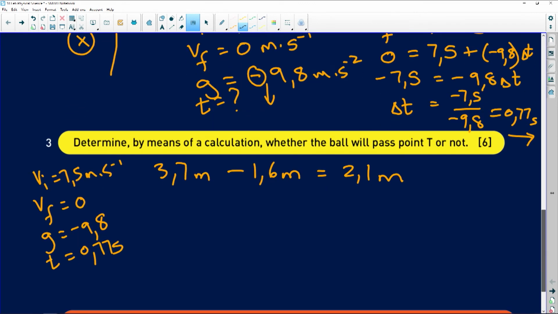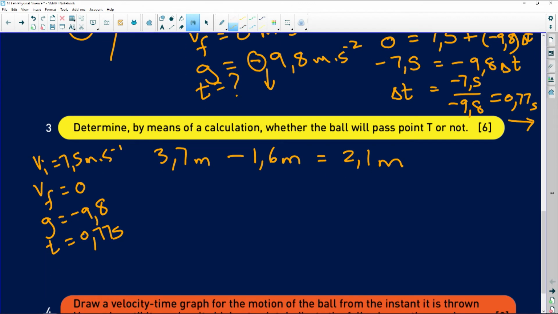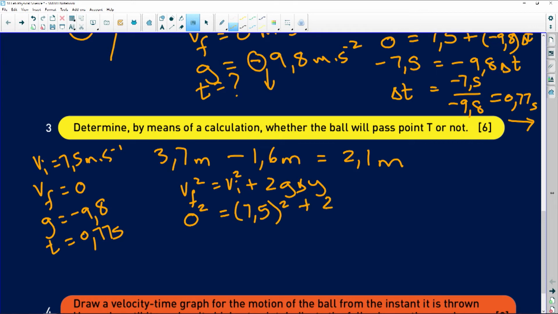So to work out the height, we are going to use V final squared equals V initial squared plus 2G delta Y. Now we just have to sub in, so it's 0 squared equals V initial 7,5 squared plus 2 times minus 9,8 delta Y. All right, so now it's just a matter of solving.